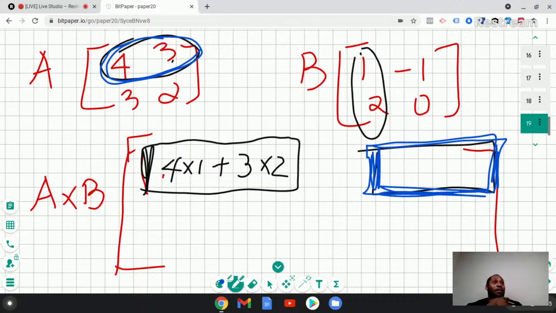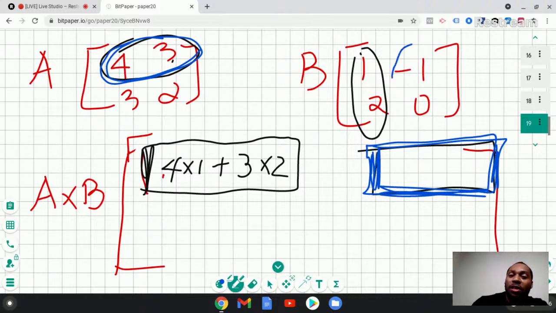Now, the way they make it interesting for us is, if you want to find the element that's in the first row, second column of the resulting matrix, you take the first row of the first matrix and multiply that by the second column of the second matrix. It's a dot product, just like I showed you guys.